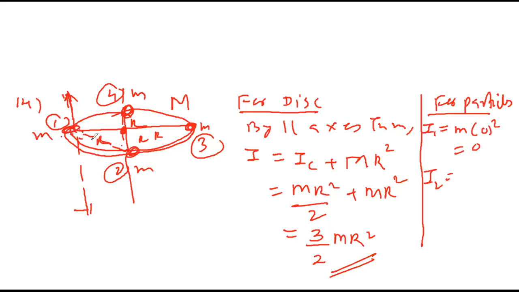What is this distance? R, so root 2 R. So mass into root 2 R square, which becomes 2mR square.